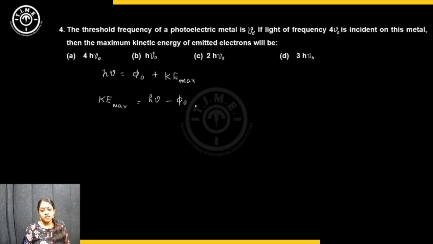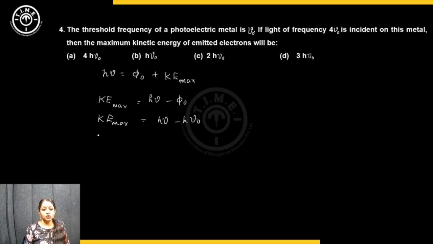Now read the question. Since we need the answer in terms of threshold frequency nu 0, we can substitute phi 0 as h nu 0. So we can rewrite this equation as KE max is equal to h nu minus h nu 0. If light of frequency 4 nu 0 is incident on this metal, what will be the maximum kinetic energy?